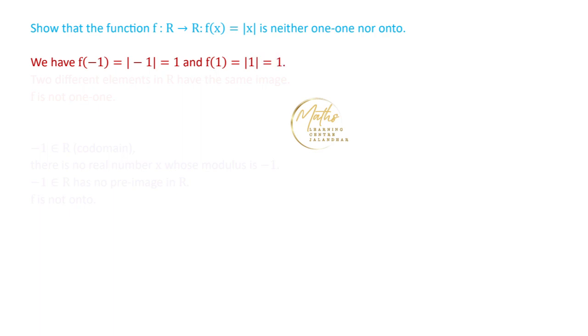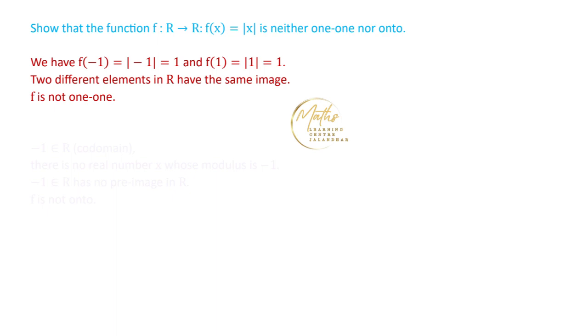So we have shown that there are two elements, -1 and 1, whose image is 1. It means two different elements of the domain have the same image. So this function f is not a 1-1 function.